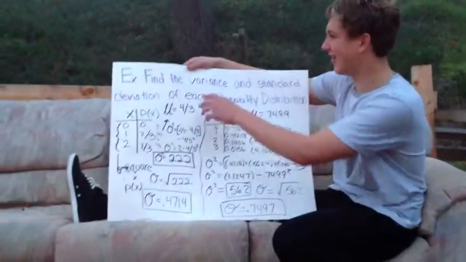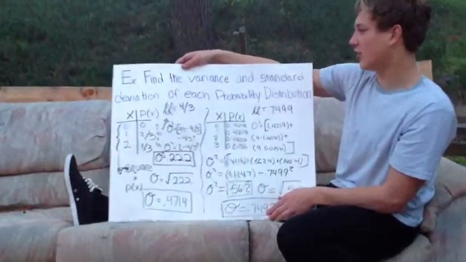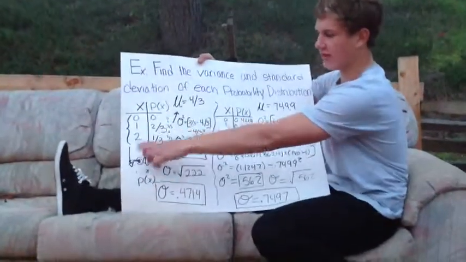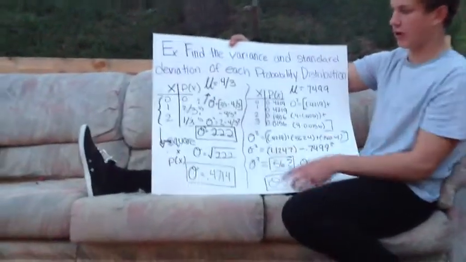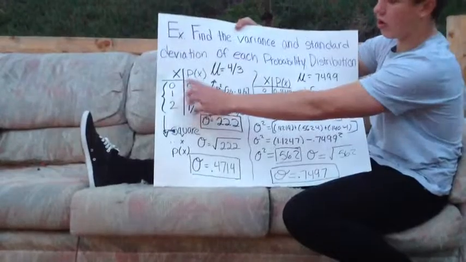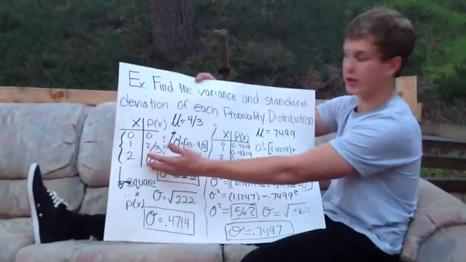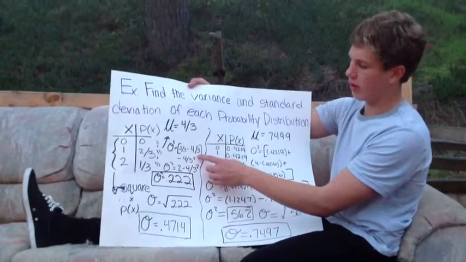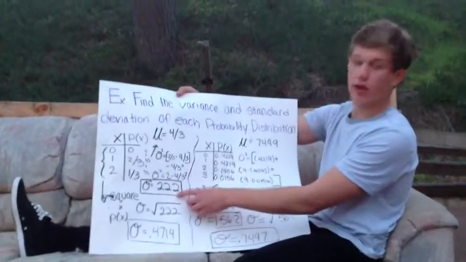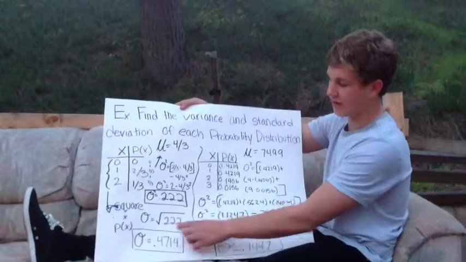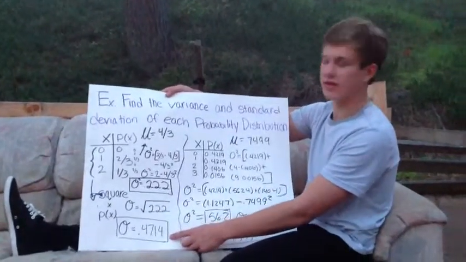Two examples. Find the variance and standard deviation of each probability distribution. Over here, what I did first was find the mean, which is 4/3. Then I plugged all the information that I collected from the probability distribution into my formula. Once I found the variance, I plugged that into my standard deviation formula to find the standard deviation.